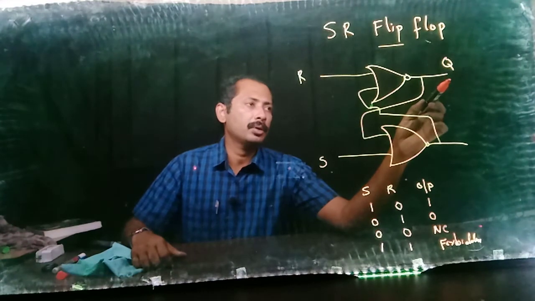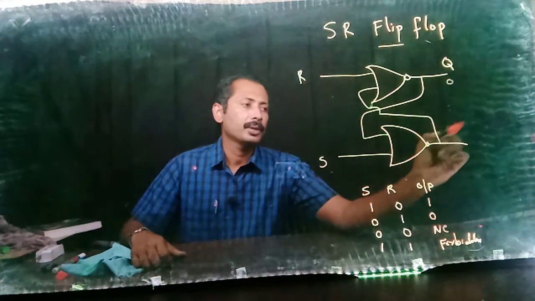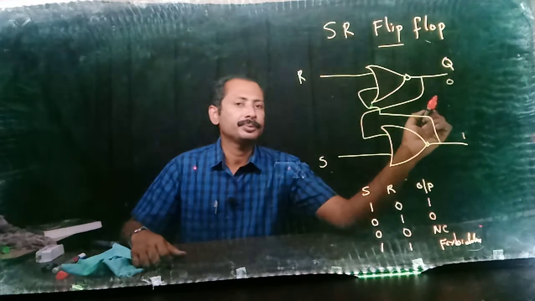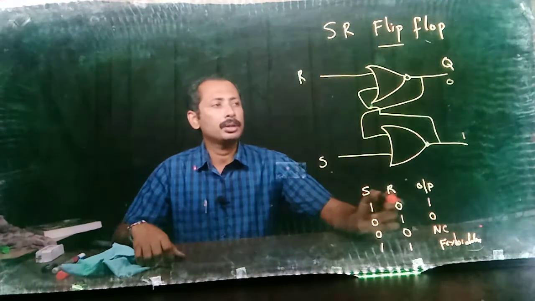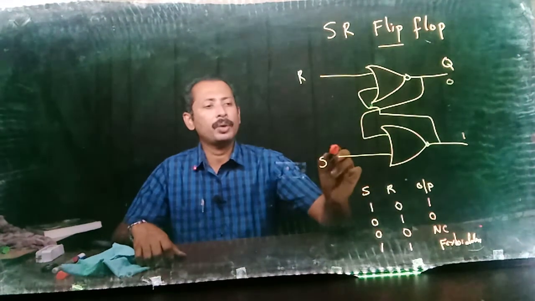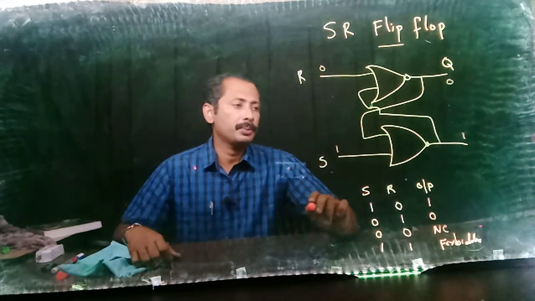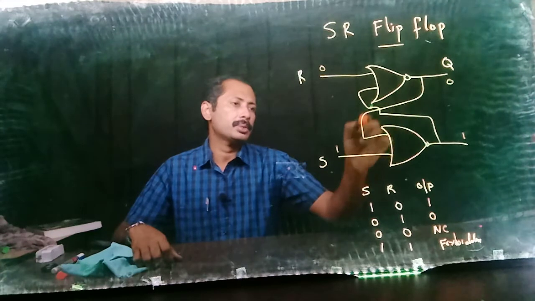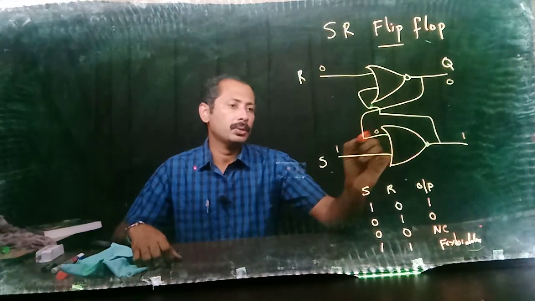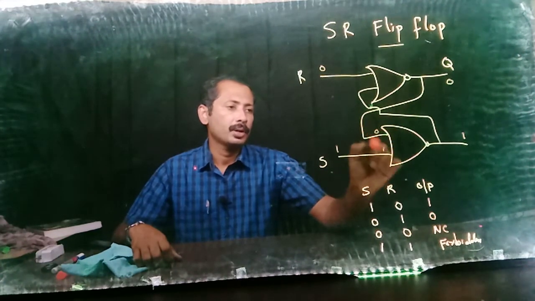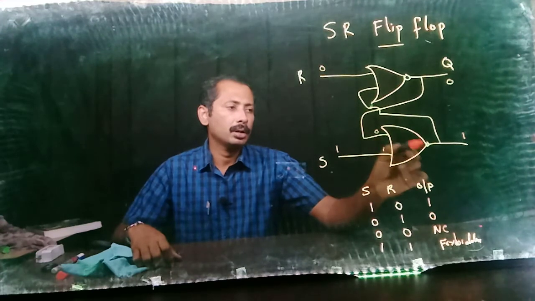As an example, assume that the output was 0 previously, then this will be 1, and I am using this example. S is made 1, R is made 0. So this 0 comes here, and so this is 0, this is 1, 1 0, NOR gate.